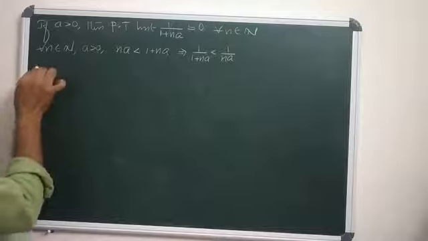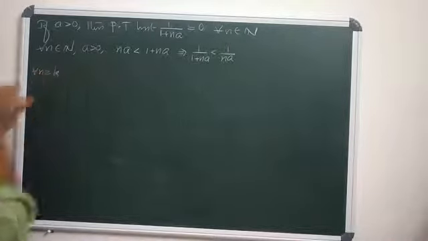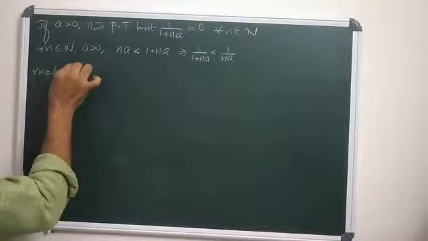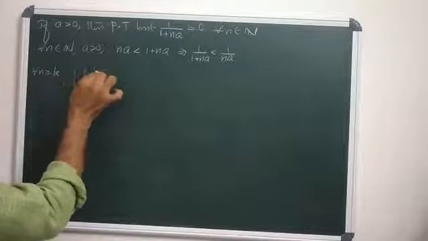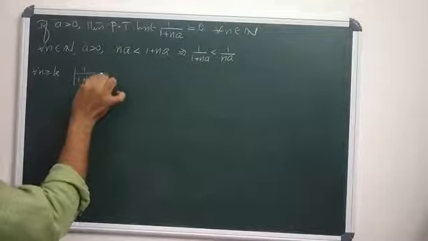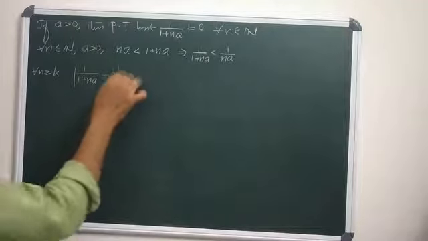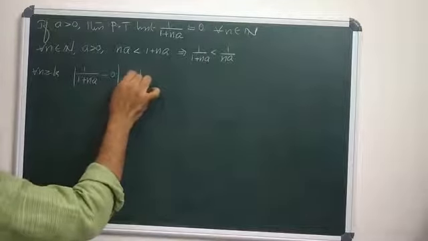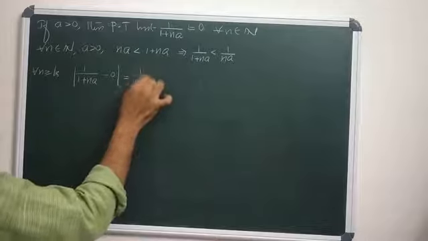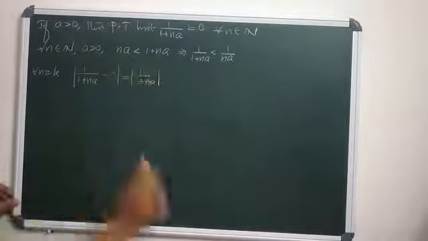So for all n greater than or equal to k, consider the modulus of 1 by 1 plus na minus 0. By definition, it equals the modulus of 1 by 1 plus na.